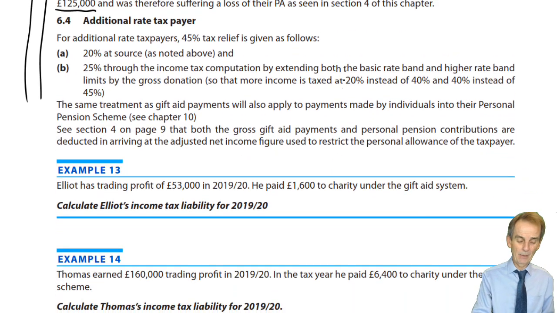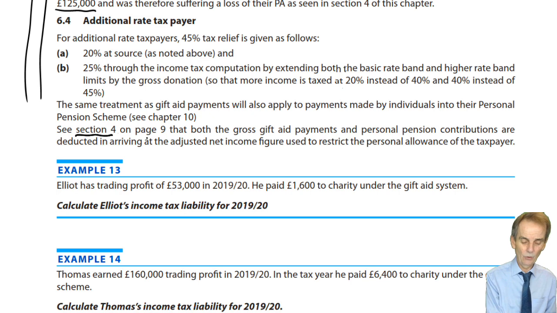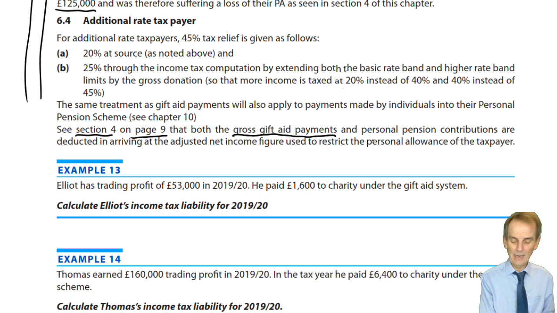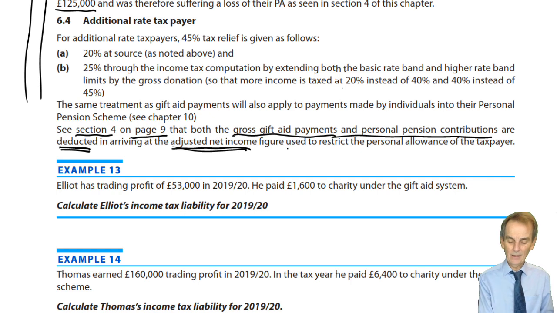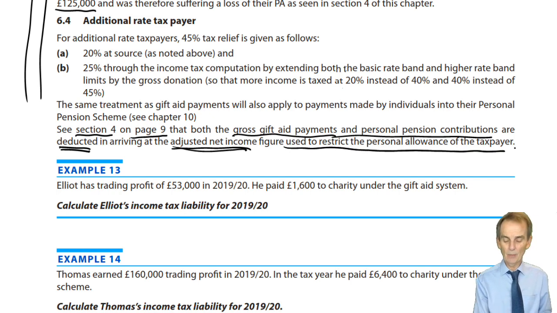Now, if you remember, in section 4, I think back on page 9, both gross gift aid payments and gross personal pension contributions are deducted in arriving at the adjusted net income figure that is used to restrict the personal allowance of the taxpayer.